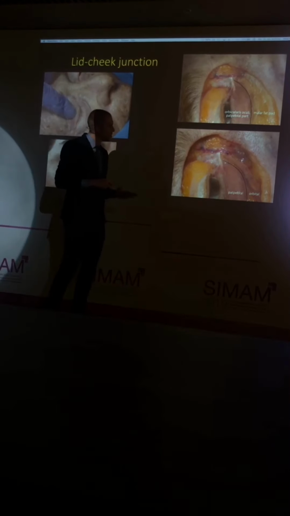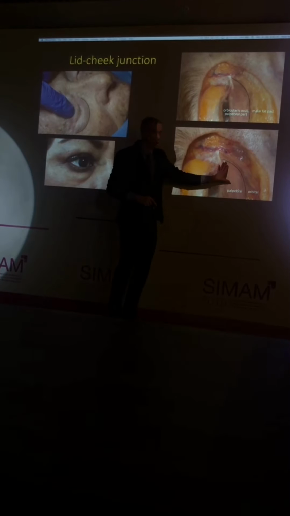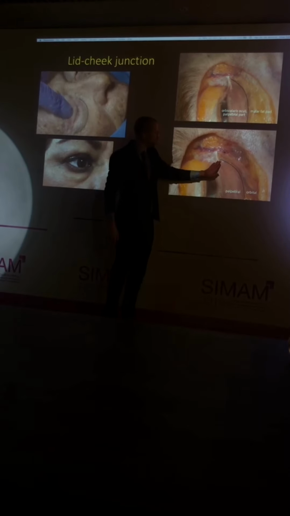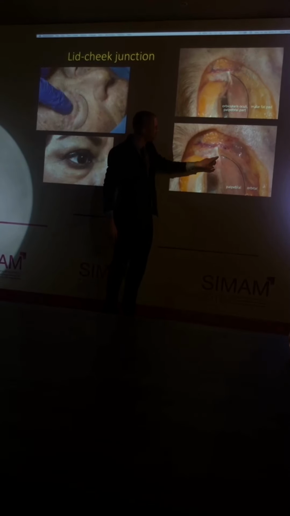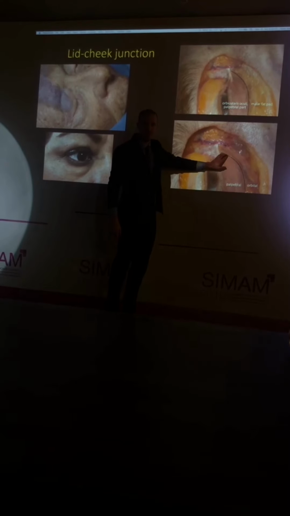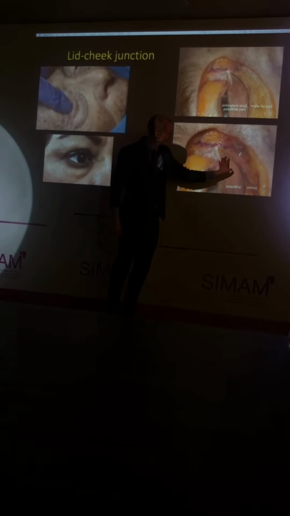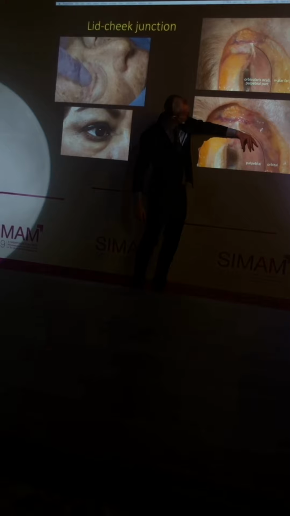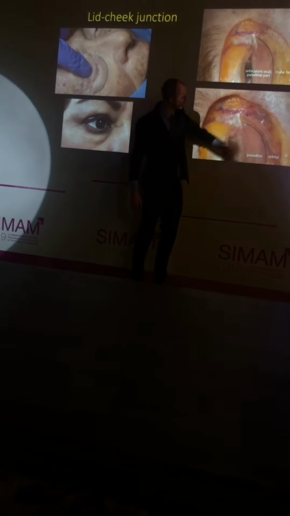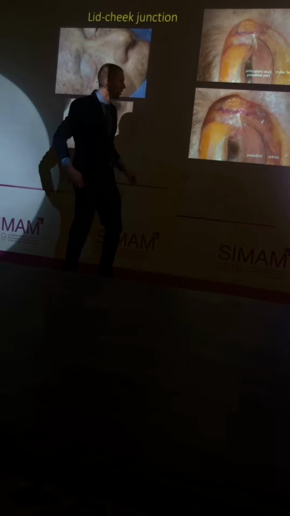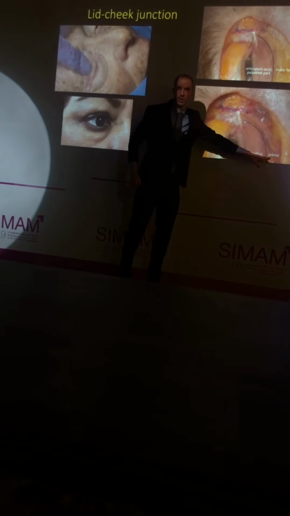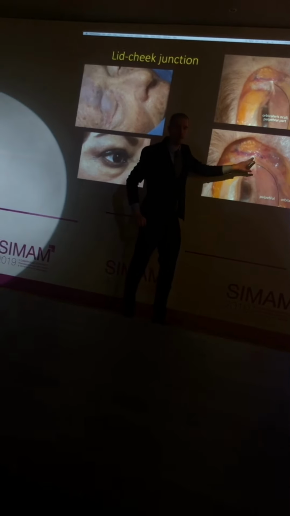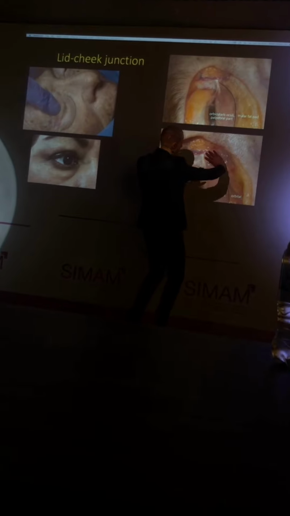What is really important to see is that the fibers of the palpebral portion of the orbicularis oculi originate from the bone edge and from the medial canthal ligament. And you see that these fibers of the orbital portion originate from the medial canthal ligament.